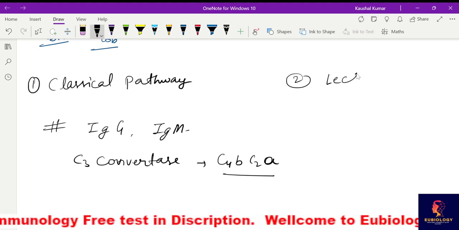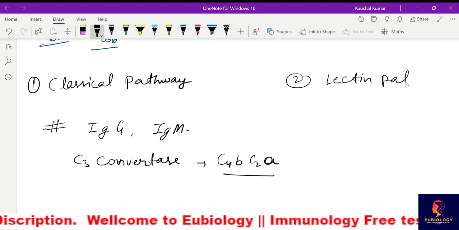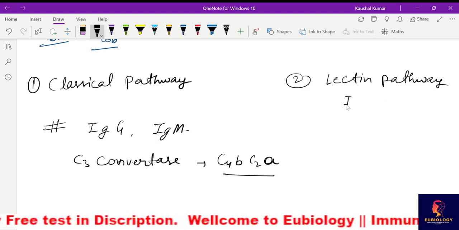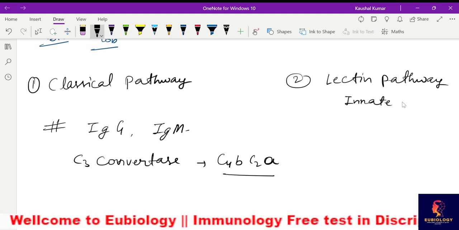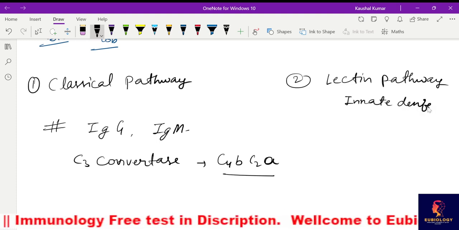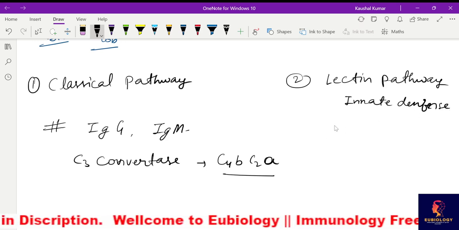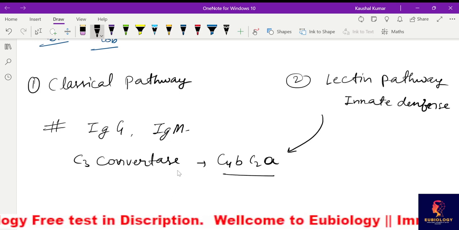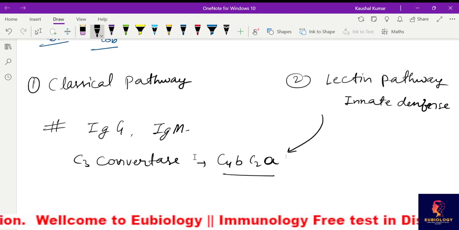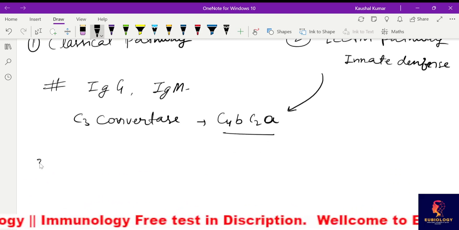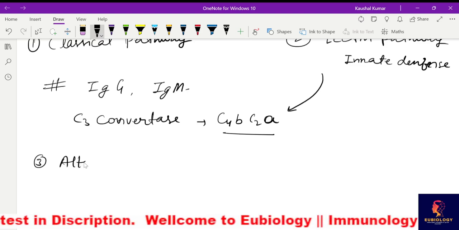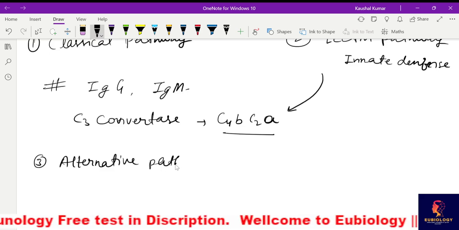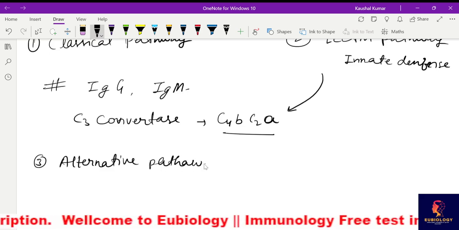The same C3 convertase forms in the lectin pathway. This lectin pathway is innate defense. Here you will not see any antibody involvement. In this also the C3 convertase is C4B C2A. Finally, the third is the alternative pathway. In the alternative pathway, the C3 convertase will also be formed.